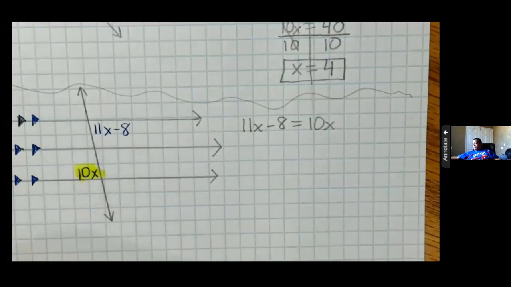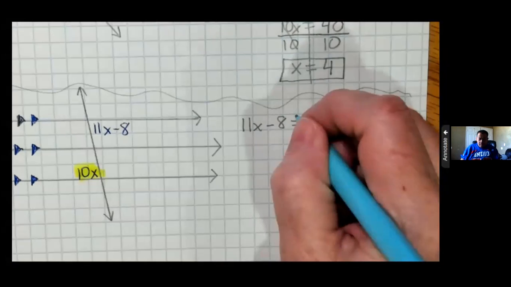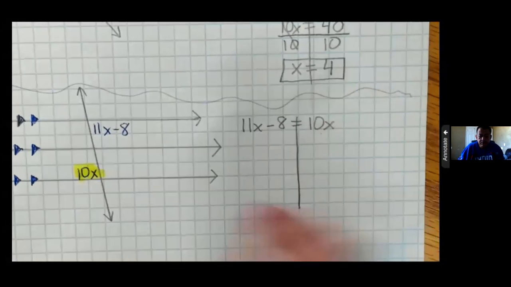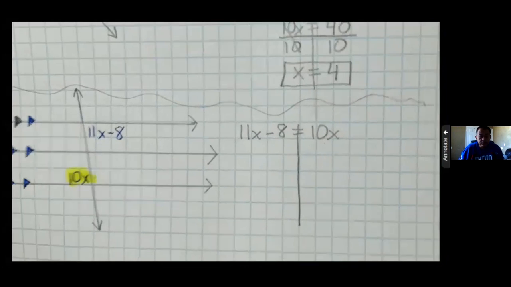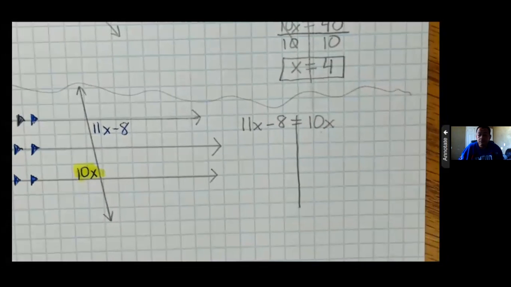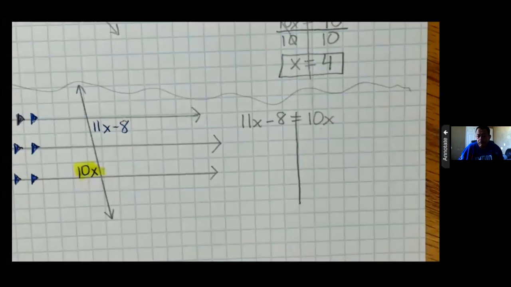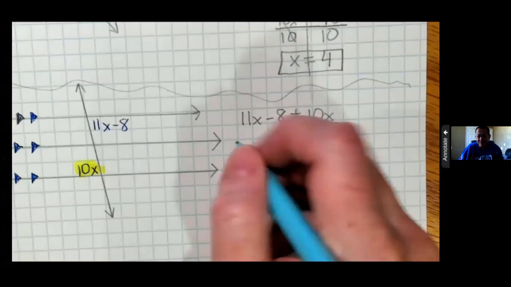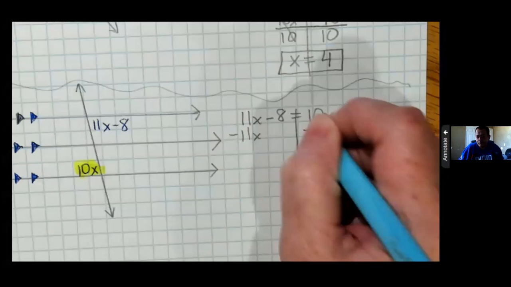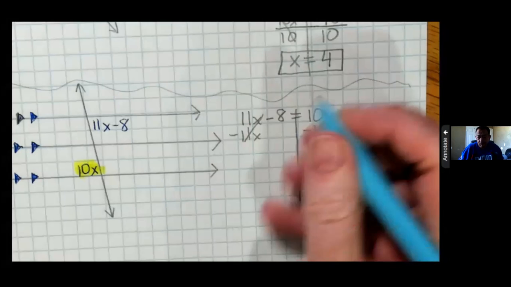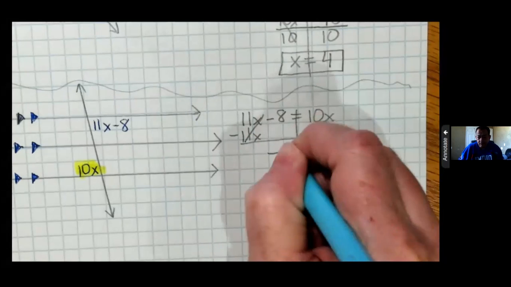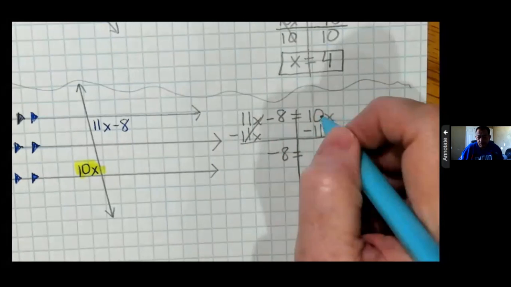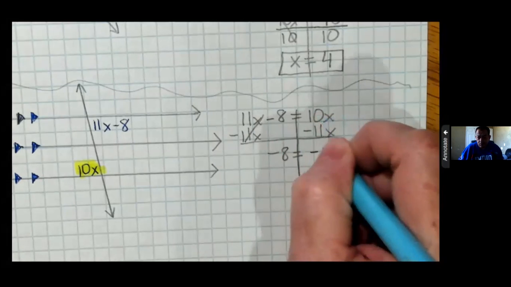So what should I do? Anybody? Subtract 11x on both sides. Perfect. So subtract 11x from both sides. I bring down the negative 8. 10x minus 11x actually gives me negative x.